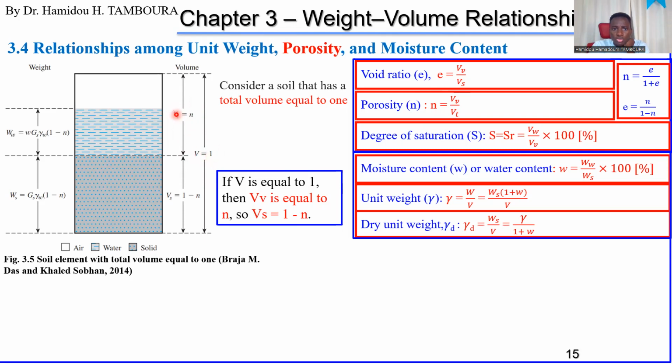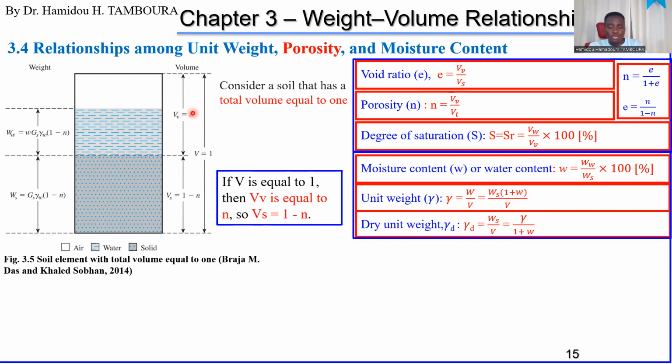From these two, you can get the volume of solid, because the volume of solid will be the total volume minus the volume of void. So it means 1 minus n. 1 minus n gives the volume of solid. This time it will be like this. So we have the 3 volumes we were looking for. This one, this one, this one.